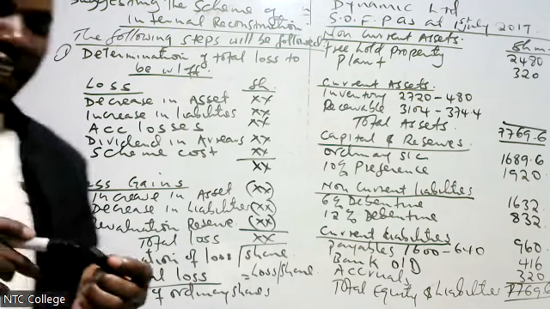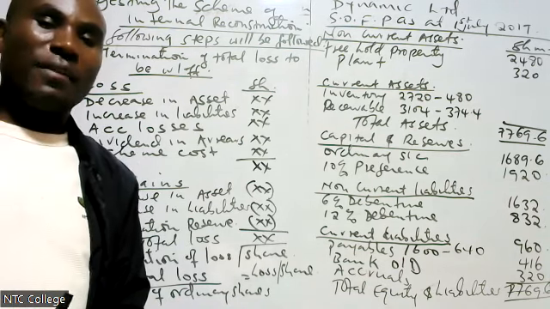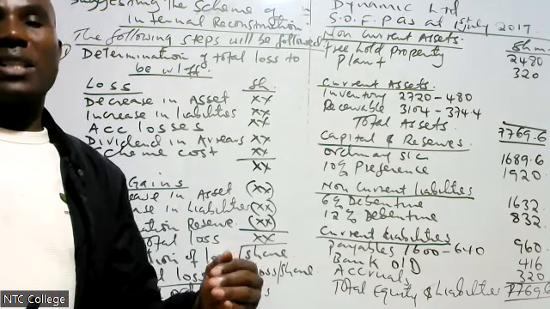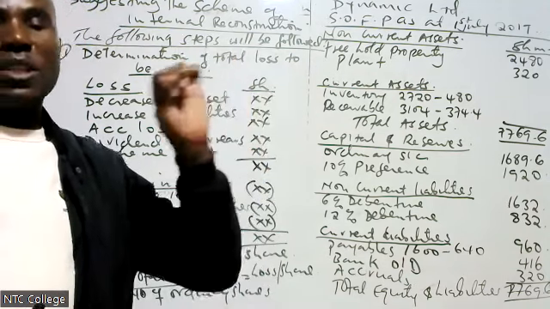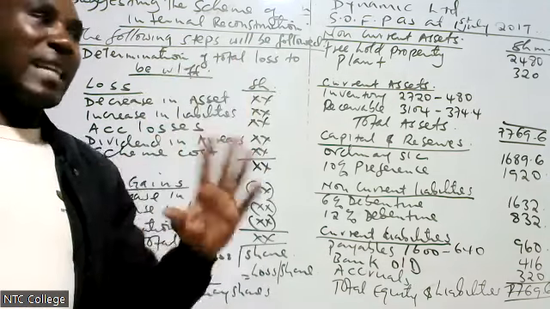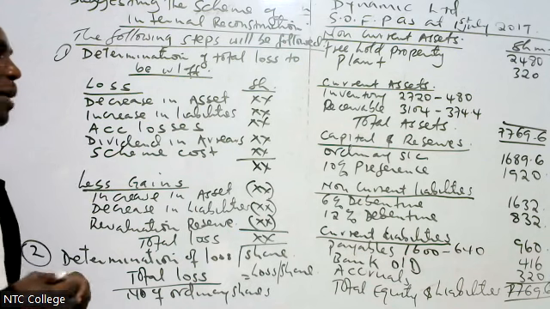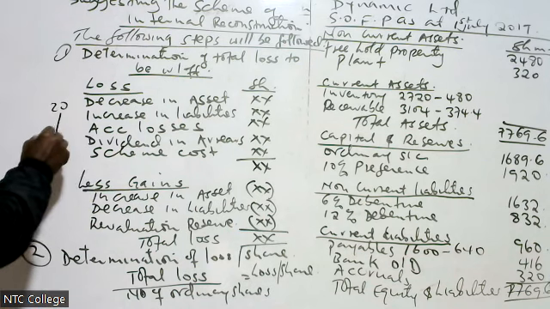Like I'm referring to the question we just did. Listen very carefully. The examiner told us that ordinary shares is to be reduced from shillings 20 to shillings 4.